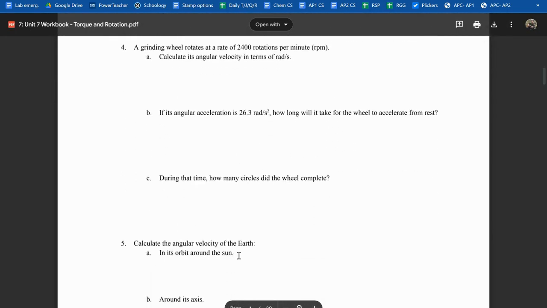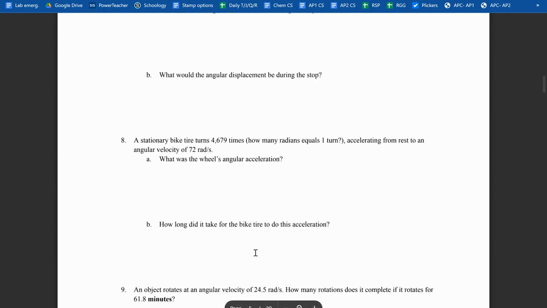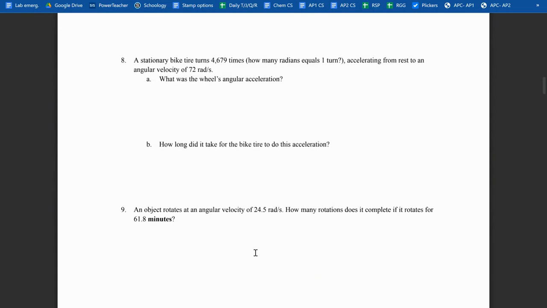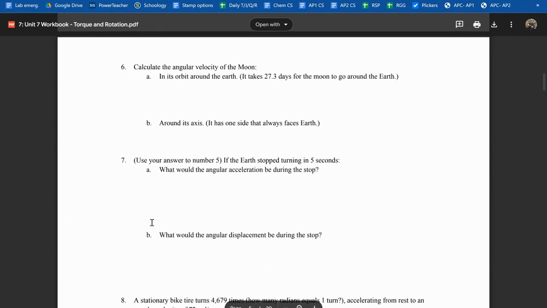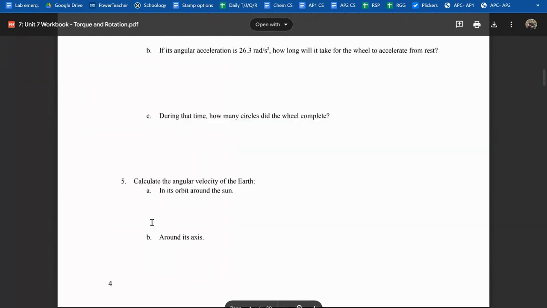A couple of practice problems here. It's just front side, back side. Be careful about units all over the place, as opposed to minutes and seconds, right? Radians is what we need, and seconds is what we need.